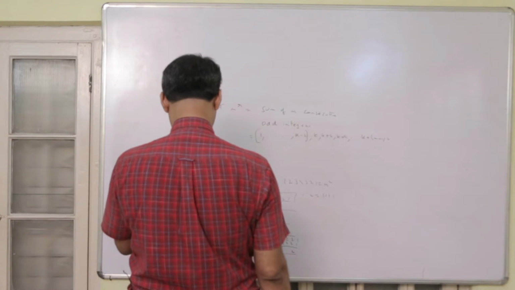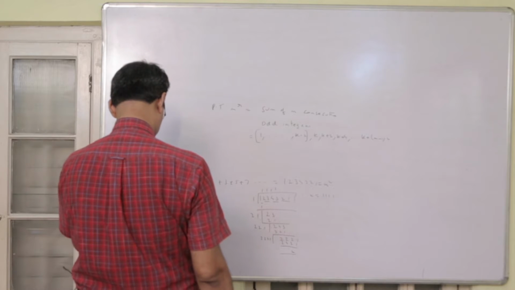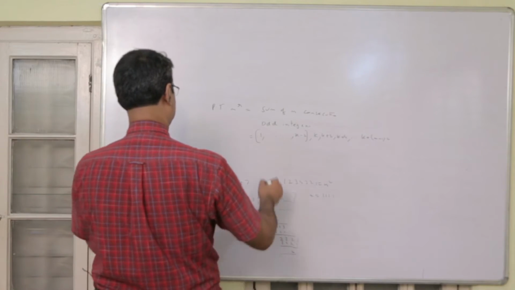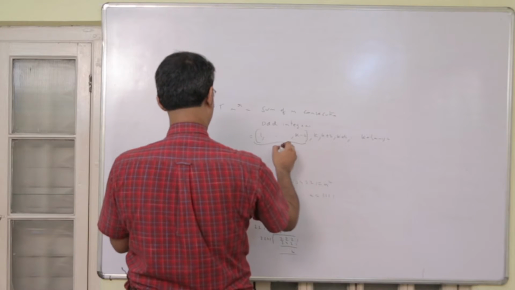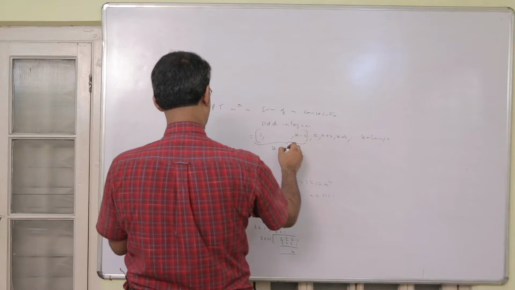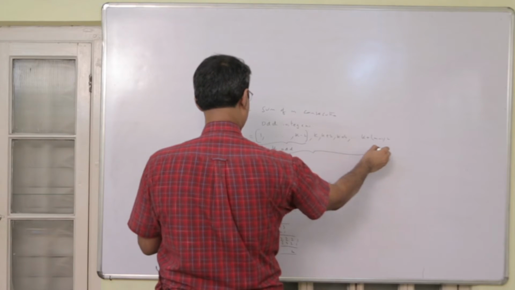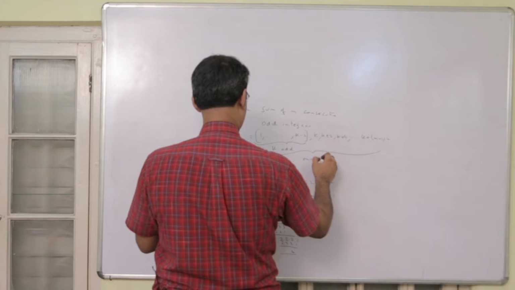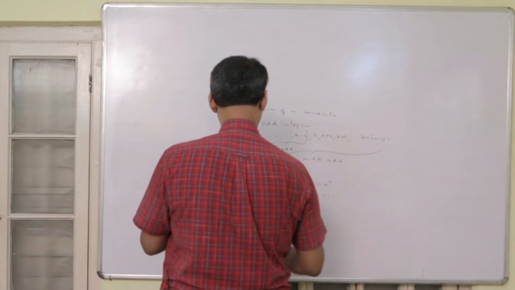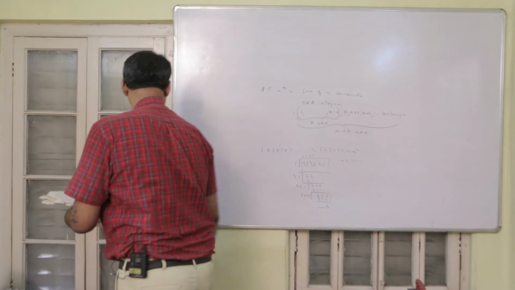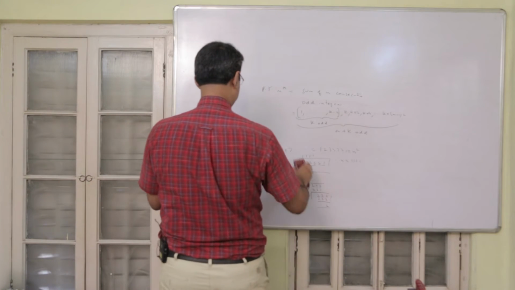So what we will have to do is say like this, that there are k odd integers from 1 and m plus k odd integers from 1, and the difference between them is what is being spoken about.